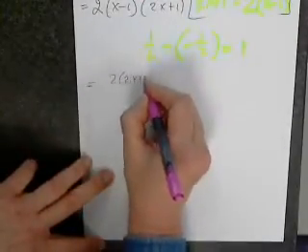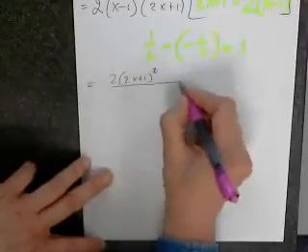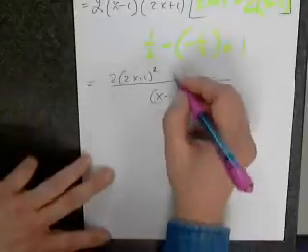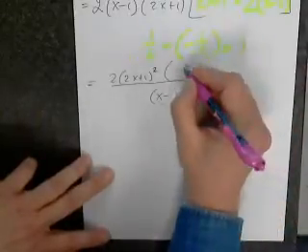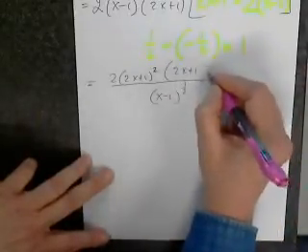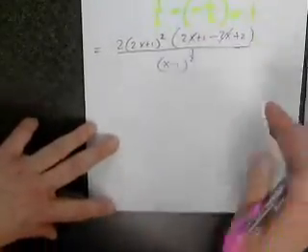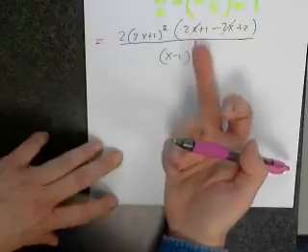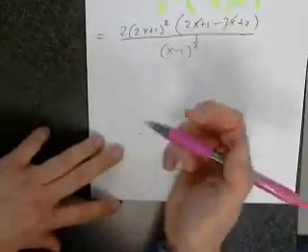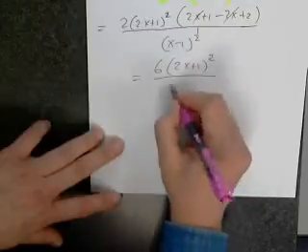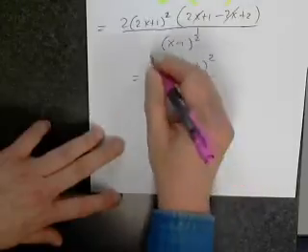So 2x plus 1 squared over x minus 1 to 1/2. And I have to simplify inside. So I have 2x plus 1 minus 2x and plus 2. It happens that these two go away. I have 2 plus 1 is 3 multiplied by 2 outside. So 6, 2x plus 1 squared over x minus 1 to 1/2.